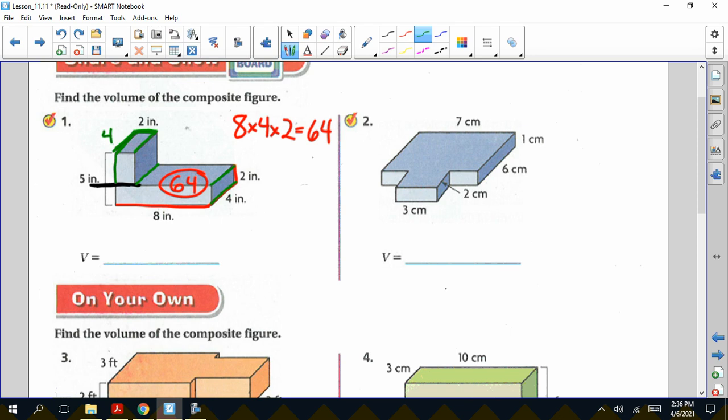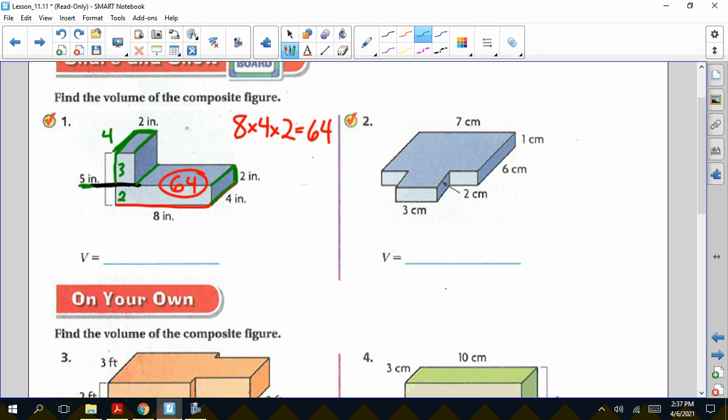Now the height, we have to do a little bit of work here. We know that the entire top to bottom is 5 inches. The bottom height is 2 inches because it says right here. So if the bottom is 2 inches and the whole thing is 5 inches, 2 plus 3 gives us 5. So that would mean the height of the top figure has to be 3 inches.